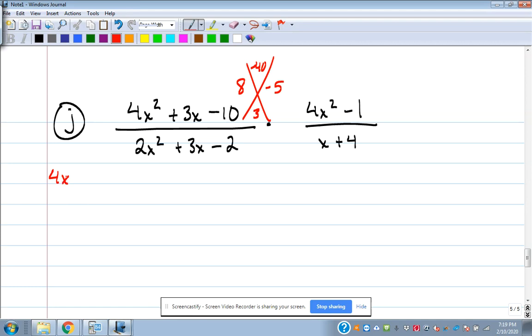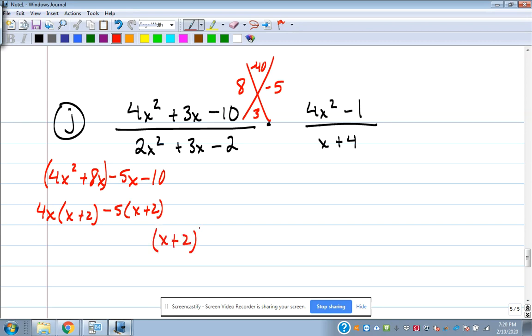So that's where I have to do a little extra here, and group: 4x(x plus 2), negative 5(x plus 2). So my numerator is factoring as (x plus 2)(4x minus 5). So that's the numerator of the left fraction.